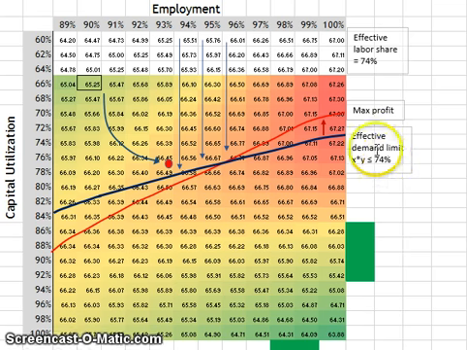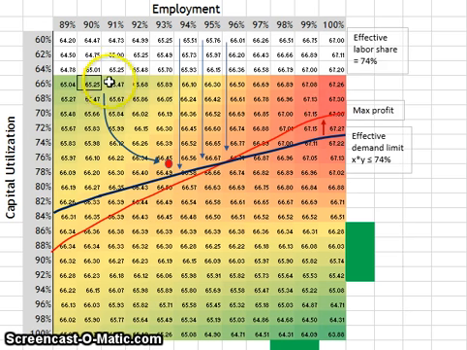And this holds true for the 74% effective labor share. And through history, as the economy grows, this X times Y will stay equal to or less than 74%. Sometimes it will go over and we'll see inflation develop. But let's move on here. So we've got the effective demand limit and the maximum profit.